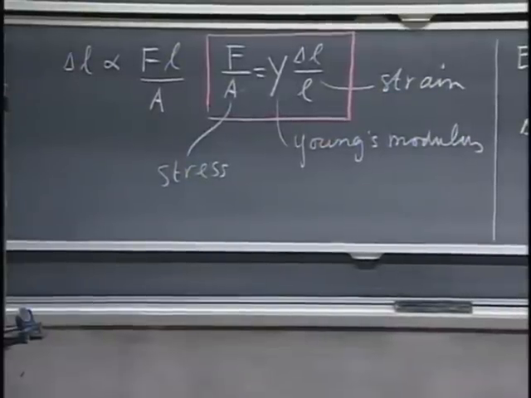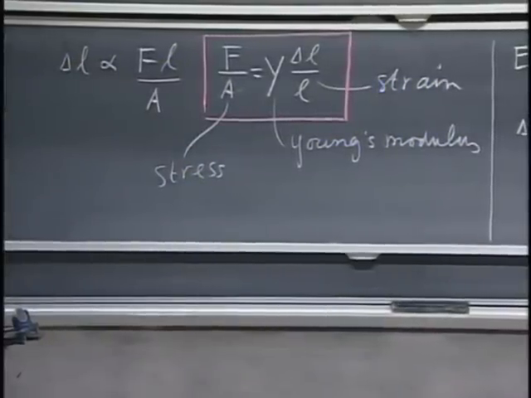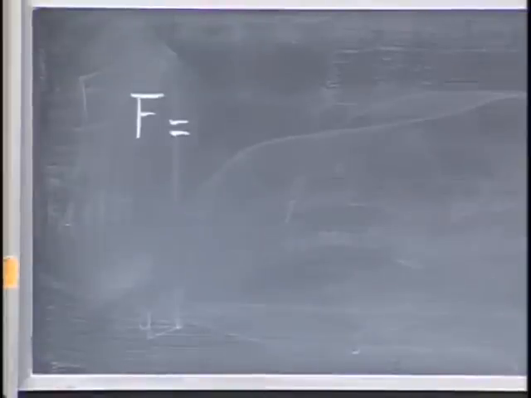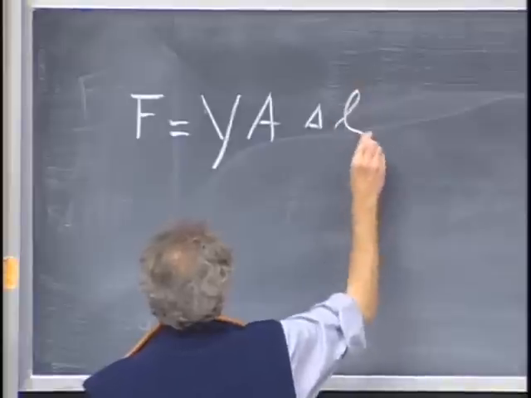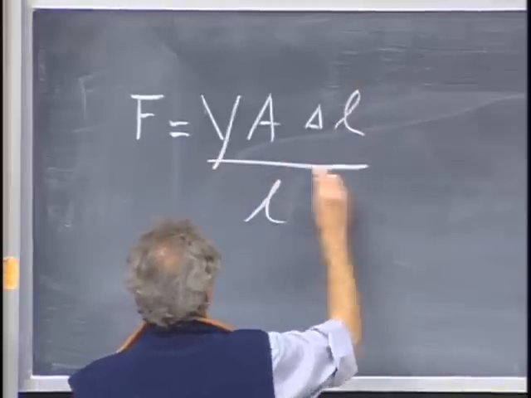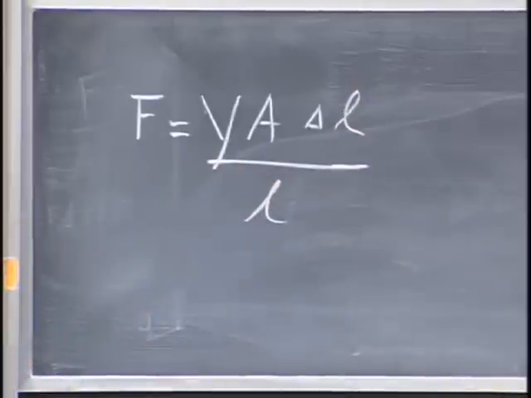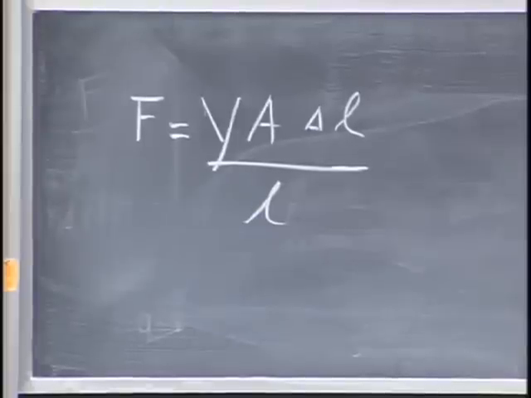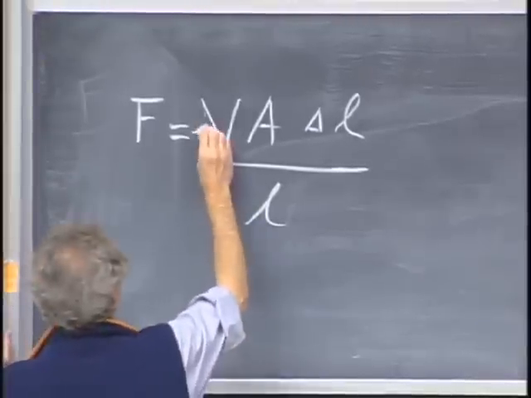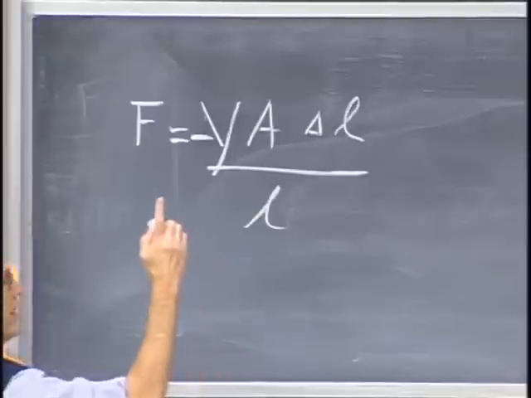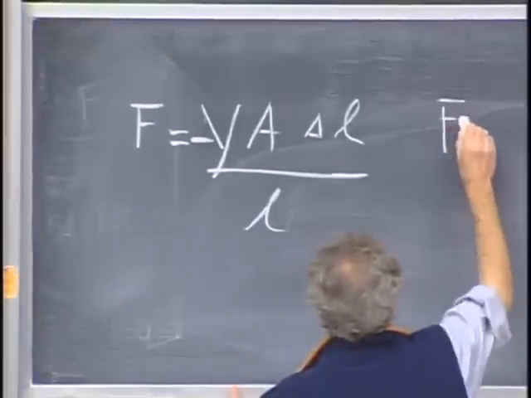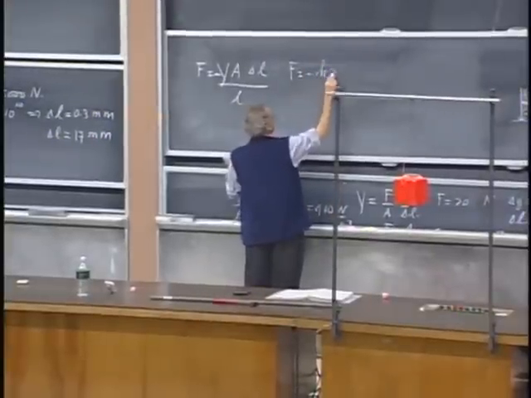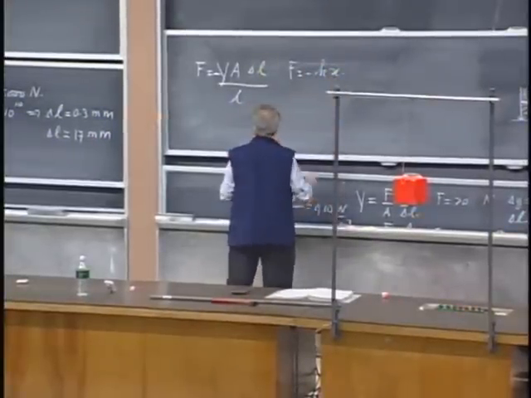So the force that you have equals Y times A times delta L divided by L. That's the force that I apply. So the spring force is opposing that, so the spring force has a minus sign here, if you indicate the direction. And so this is similar to F equals minus kx that you have seen with this spring.